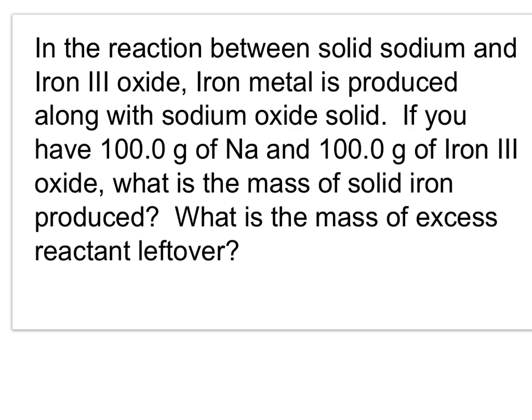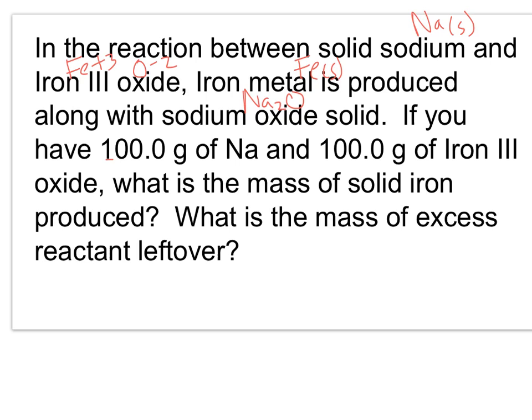So here's a reaction for you to try. In the reaction between solid sodium and iron 3 oxide, so I've got iron 3 and then oxide I know is -2, iron metal is produced along with some solid sodium oxide.